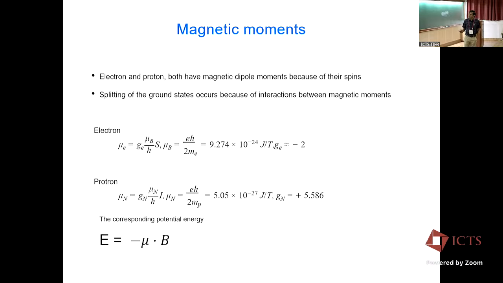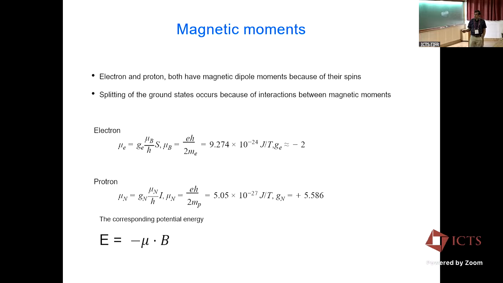If I calculate the electron magnetic moment, mu_e, you can write that as this, and you see it depends on the spin vector S, where mu_B is the Bohr magneton, and the value of the Bohr magneton is this for the electron.